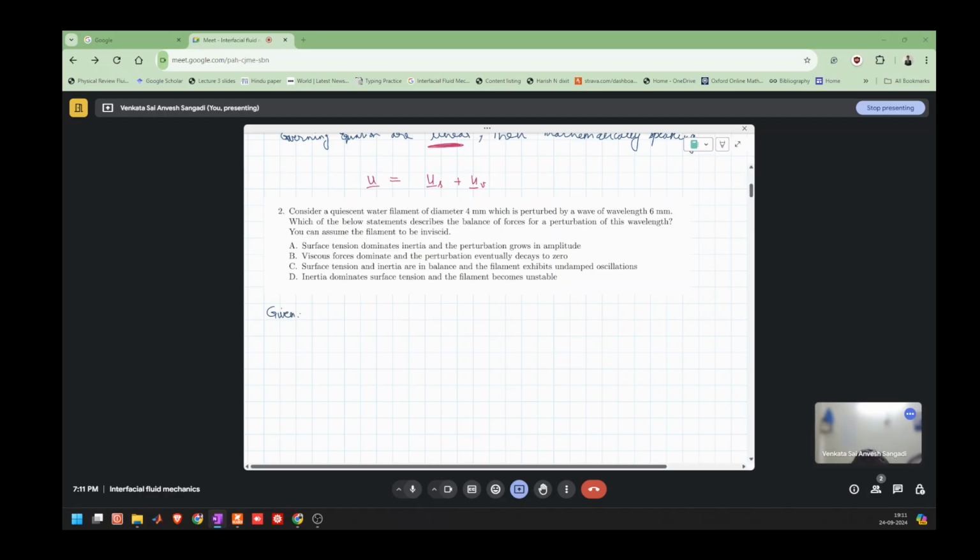We have diameter 4 mm, wavelength lambda 6 mm, and the fluid is inviscid.